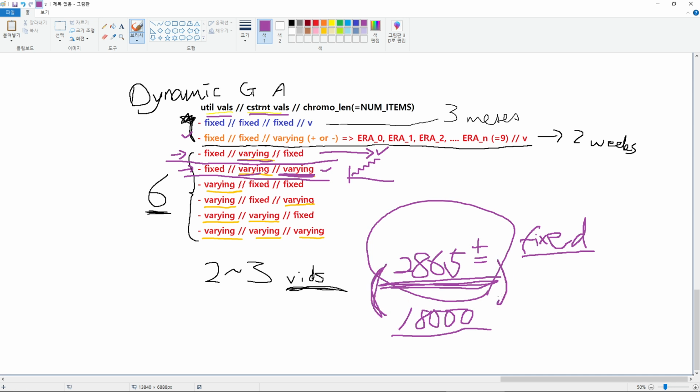These two criteria, these two conditions.